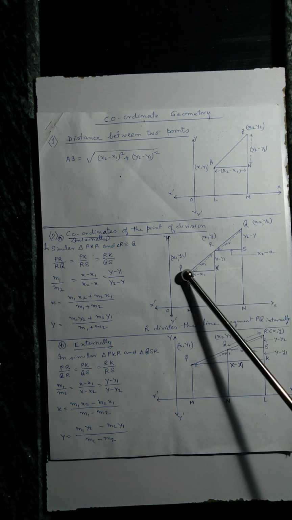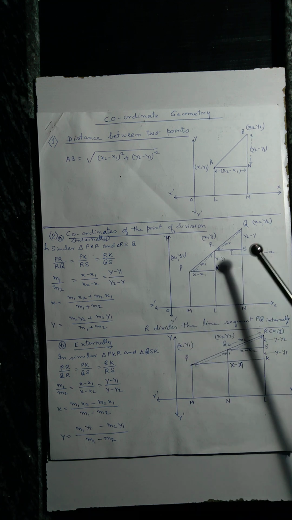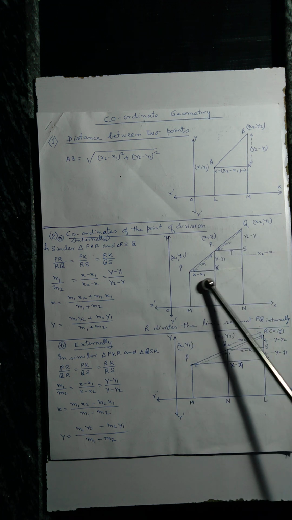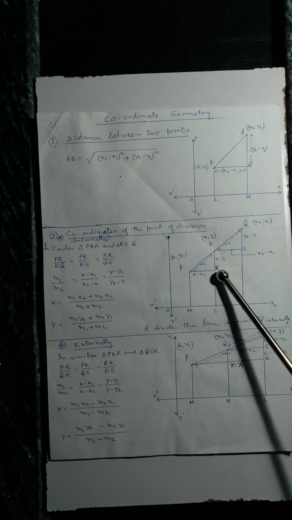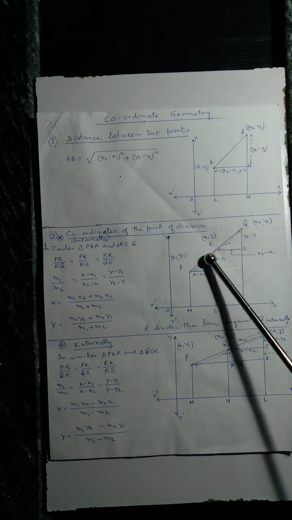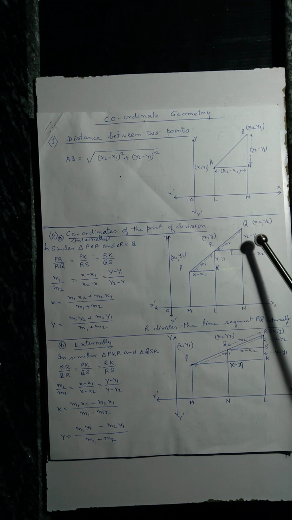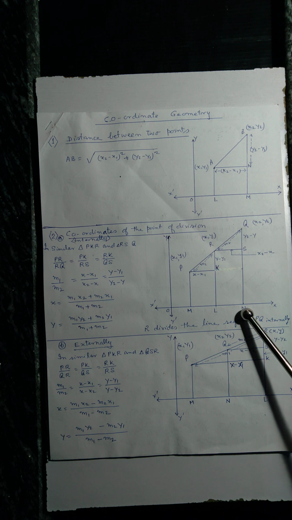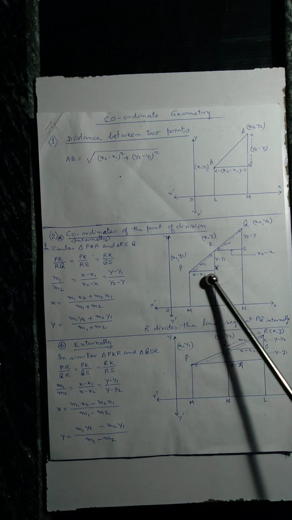These are the perpendicular distances on the y-axis from P, Q and R. From P, again drop a perpendicular to RL, that is PK. From R, drop a perpendicular to QN, that is RS.